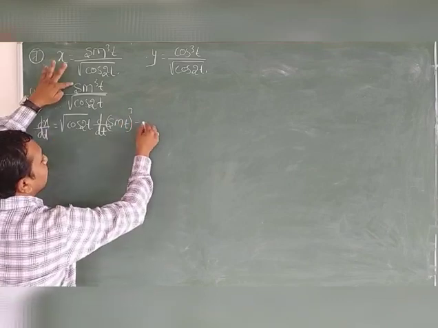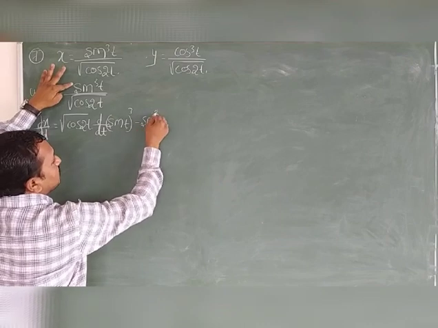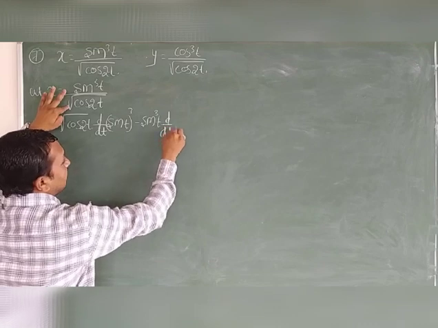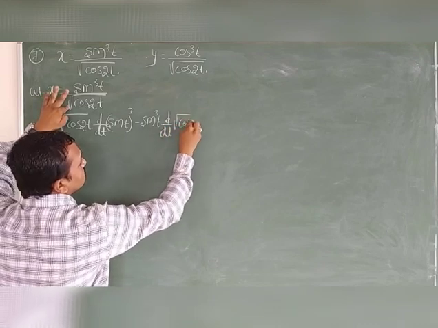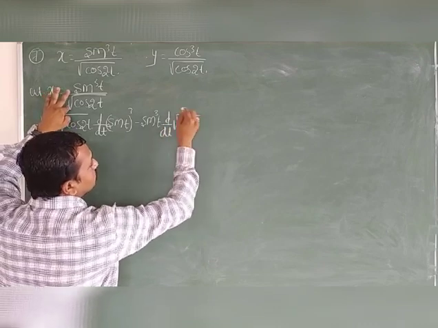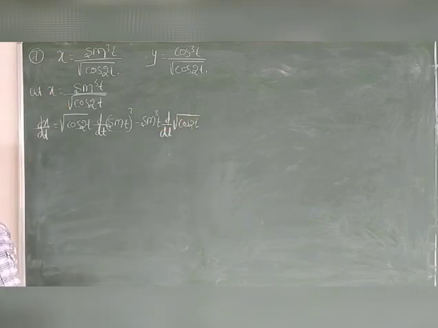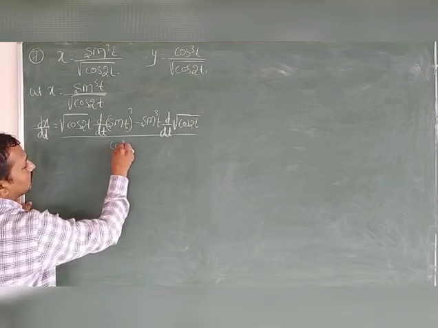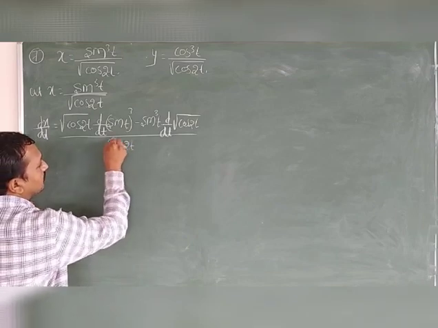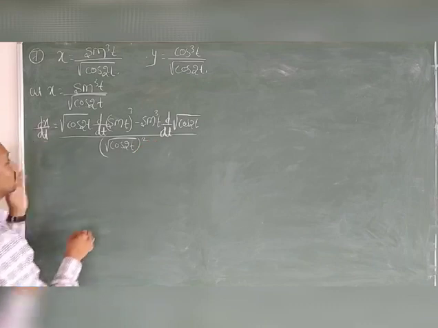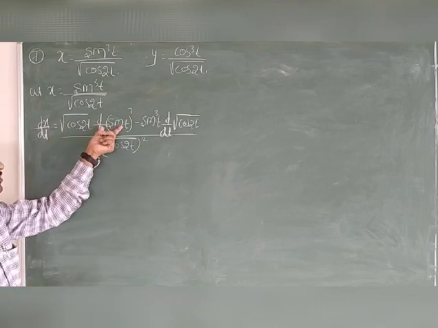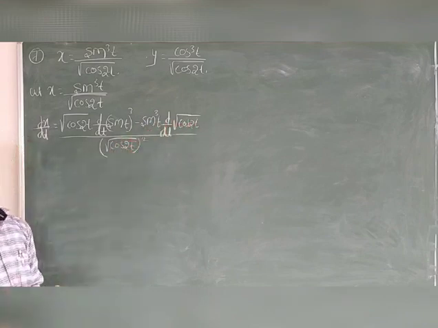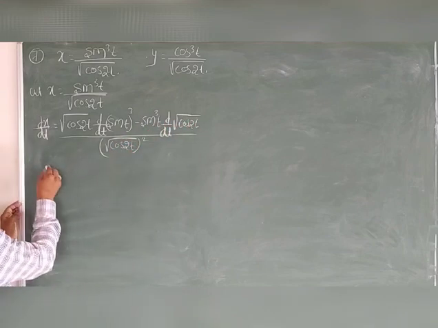And the numerator sin cube t as it is, then the derivative of root of cos 2t, whole divided by v square. v square is nothing but cos 2t, the root raised to square. That is v into du by dt minus u into dv by dt, whole divided by v square.